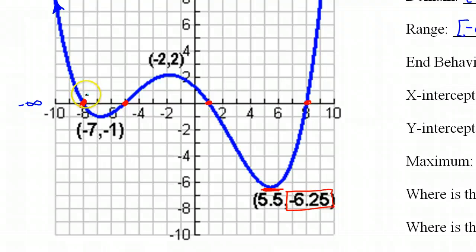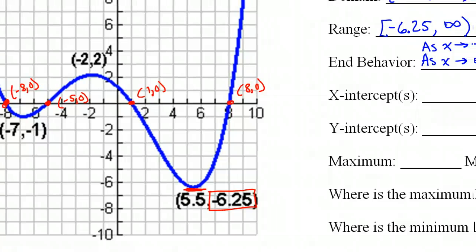X-intercepts are always something comma 0. So this one right here is -8 comma 0. And then this one here is -5 comma 0. And this one is 1 comma 0. And this one is 8 comma 0. Those are the 4 x-intercepts, the 4 spots where the graph touches the x-axis.